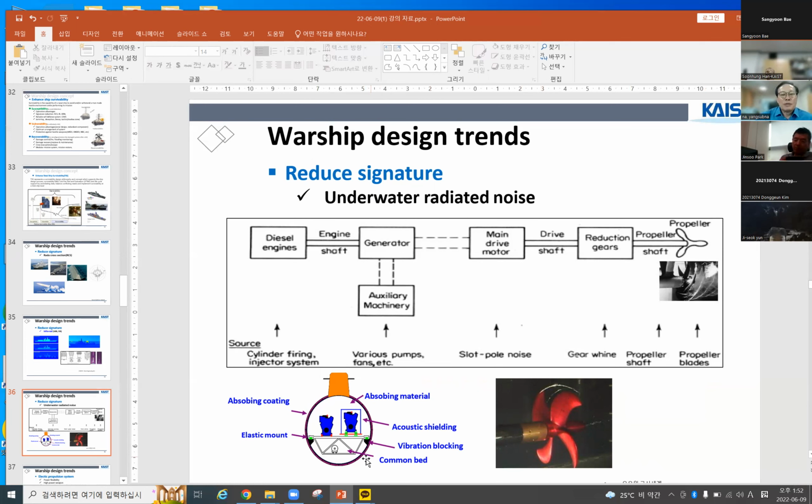For example, this is the vibration source. To block vibration, we use a resilient mount, and we introduce a double resilient mount, and for air noise we use absorbing materials inside. Then a special propeller design is needed there.